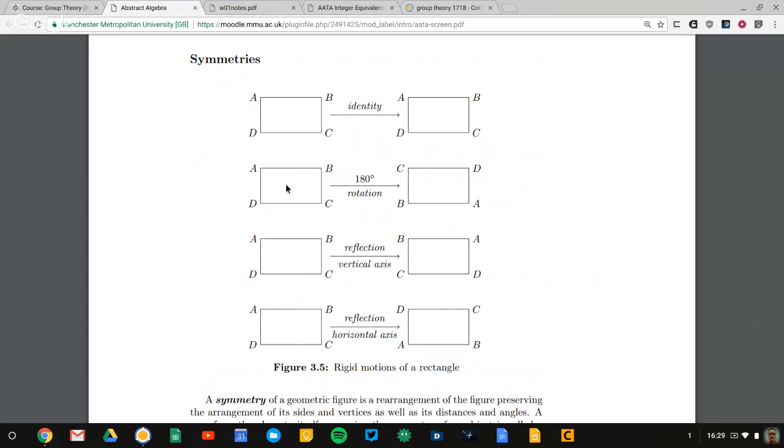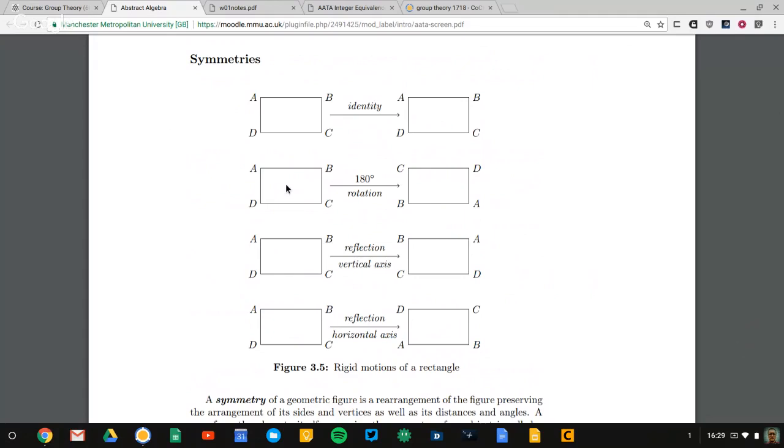This system, E, R, V, and H, we can suddenly start to treat the same way we treated the integers, modulo addition or multiplication. So the operation we're using, there's no natural way to add or multiply.